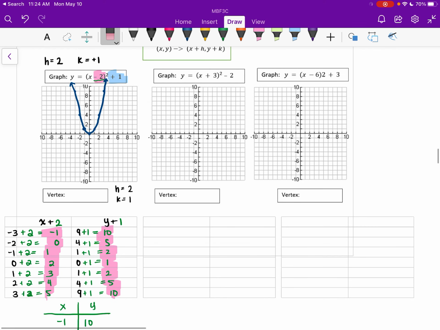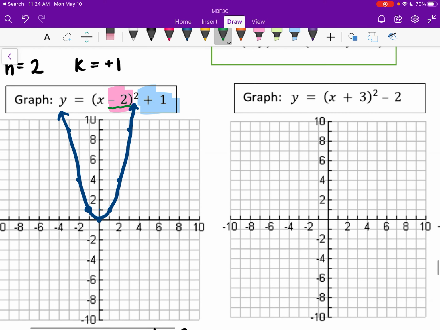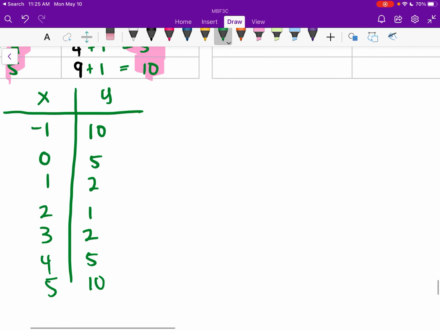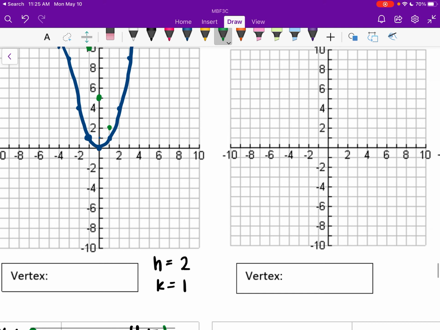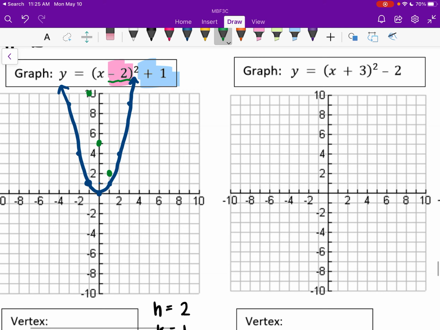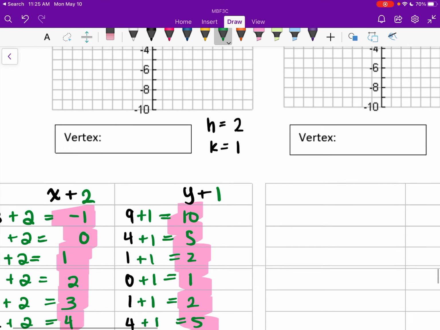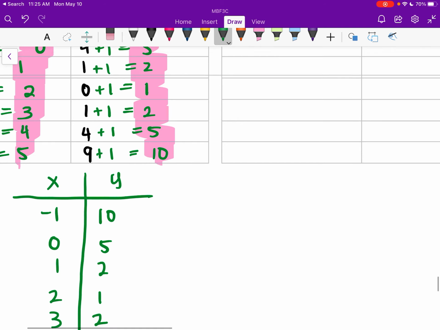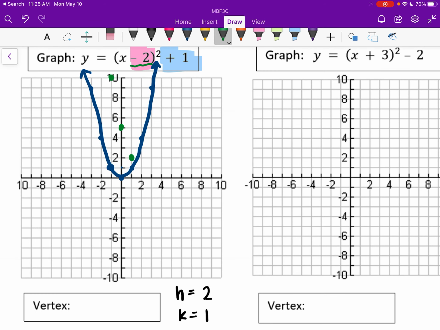So -1 is at 10, 0 here is at 5. I apologize. 1 and 2. Two is at 1. So this is what my graph looks like.